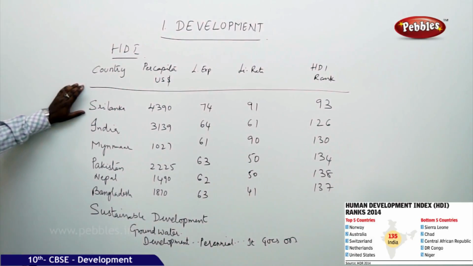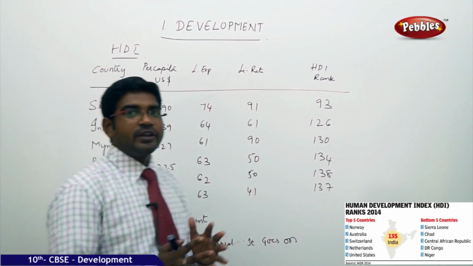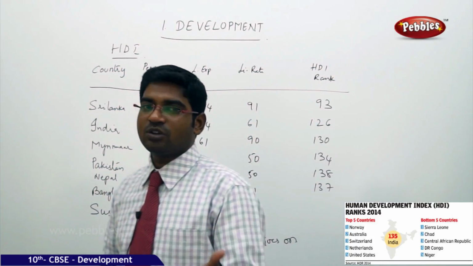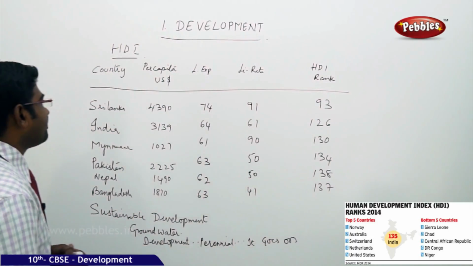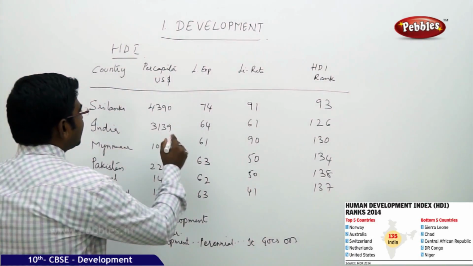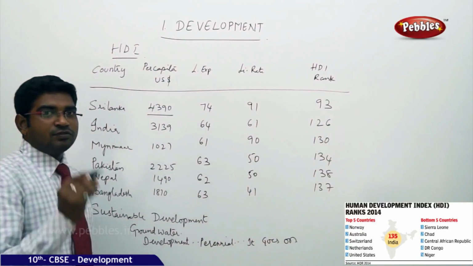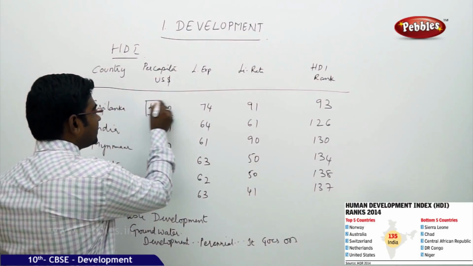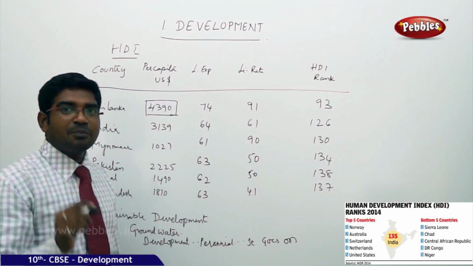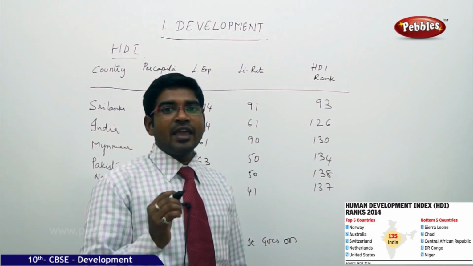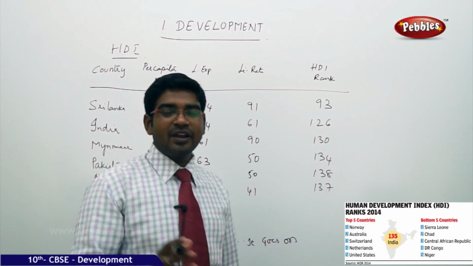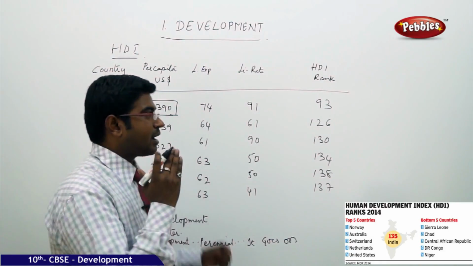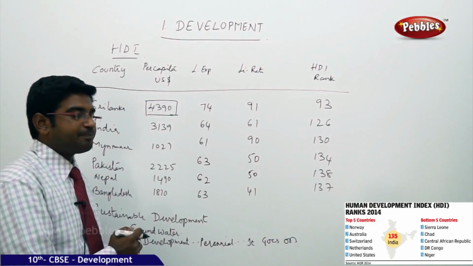See here, Sri Lanka, closely located to India, just a distance of 19 kilometers, exactly south of India. The per capita income of Sri Lanka is 4,390 US dollars, the per head income of every individual in Sri Lanka. By dividing the total income of Sri Lanka by the total population, we get this per capita income. It is really very high.